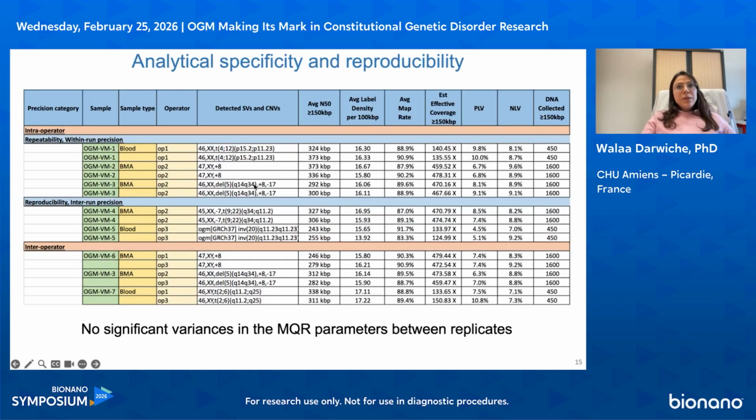All molecule quality parameters were highly comparable between runs. We did not observe significant differences in N50, label density, map rate, or positive and negative variance rates. Overall, run quality was very good, with label density between 14 and 17 per 100 kb, and N50 above 230 kb.